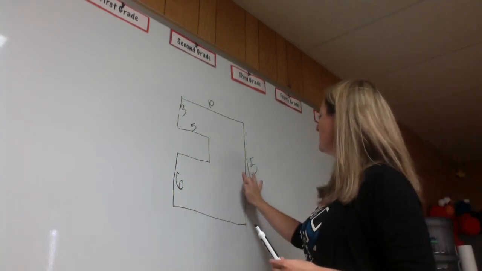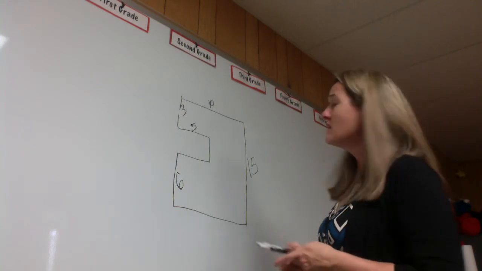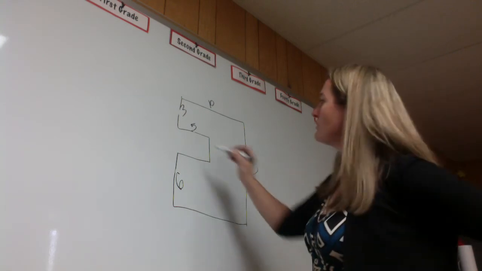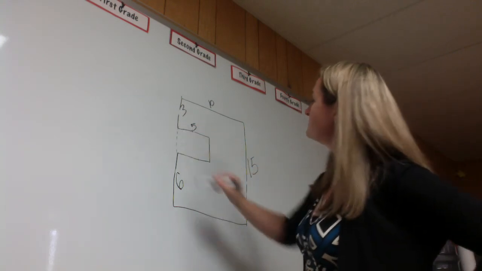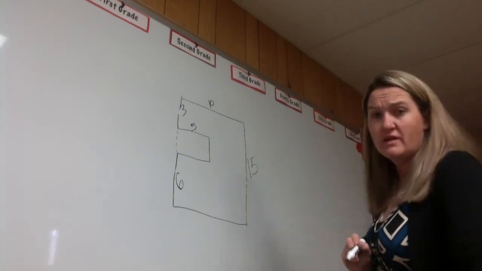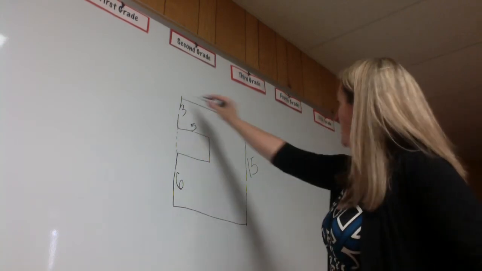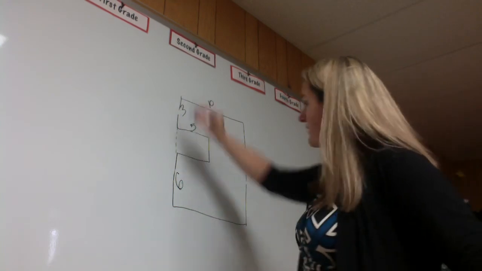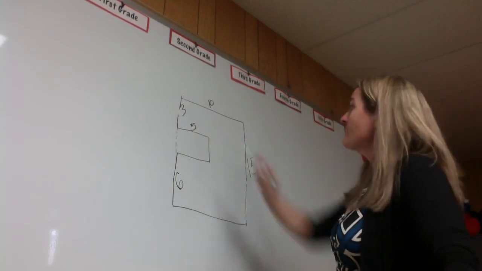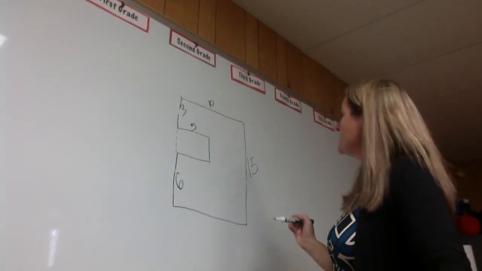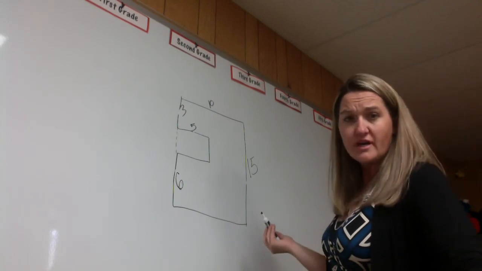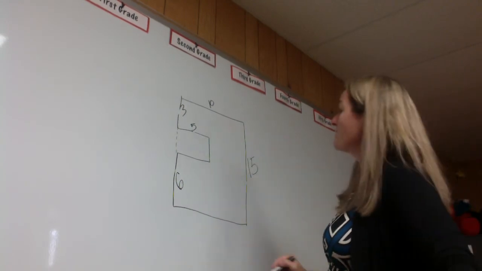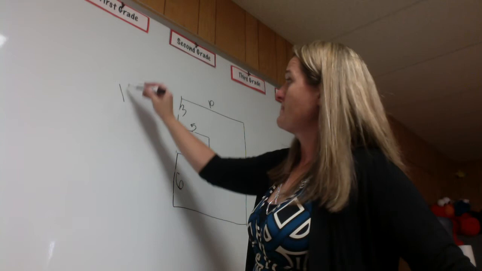That would still work, but the easier way would be to just add a line right here. Now I've got one big rectangle. I've got 10 here, 15 here. So the area of this overall rectangle is 150.